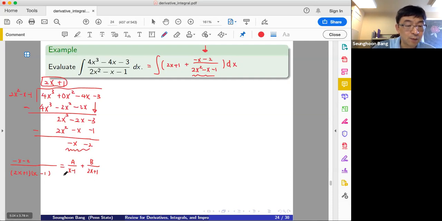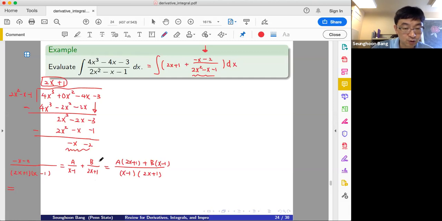So you can combine this one. How can you combine? You can combine the a times 2x plus 1 plus b times x minus 1, cross multiplication, over the common denominator, x minus 1 times 2x plus 1.